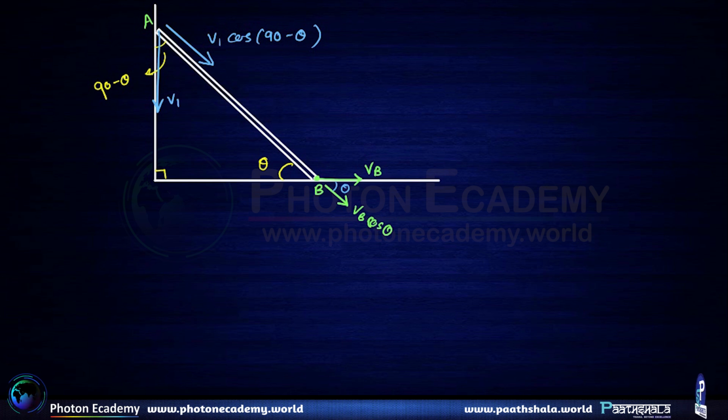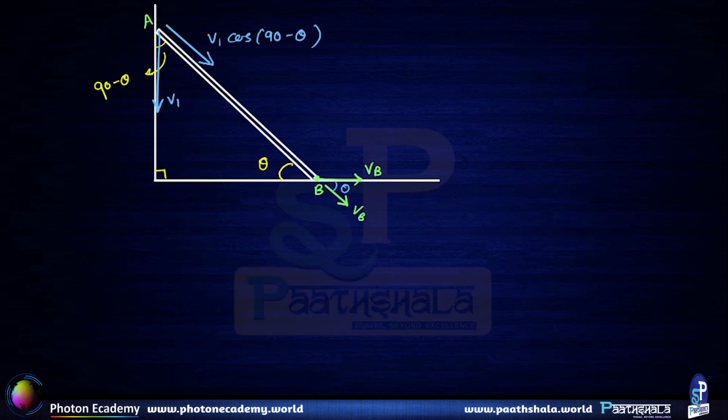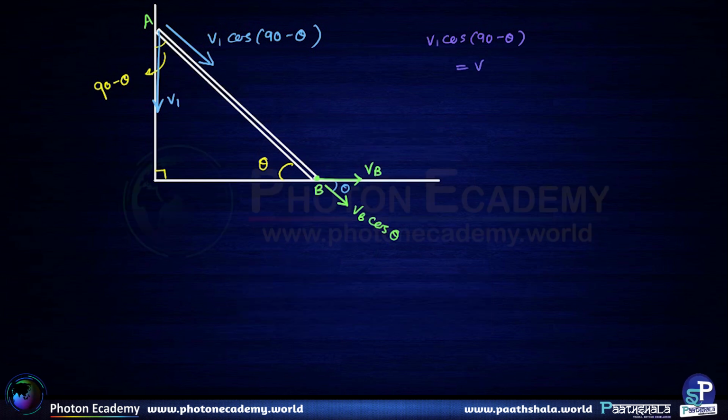Along the rod, both ends necessarily have to have the same velocity along the length of the rod. So we may write V1 cos of 90 minus theta equal to Vb cos theta.